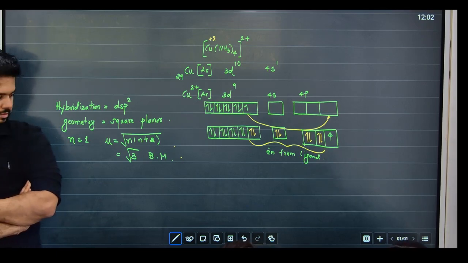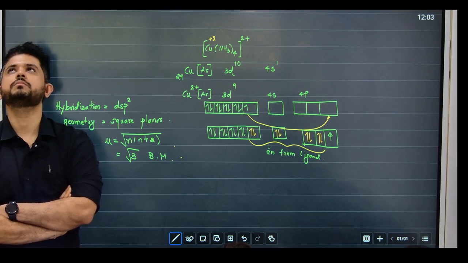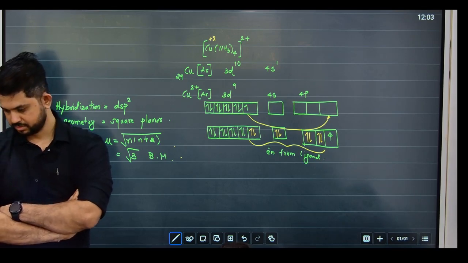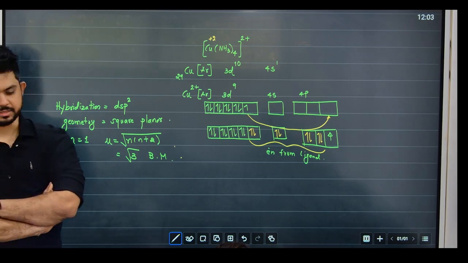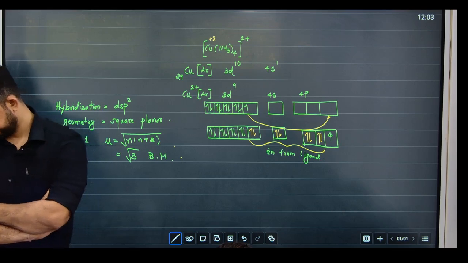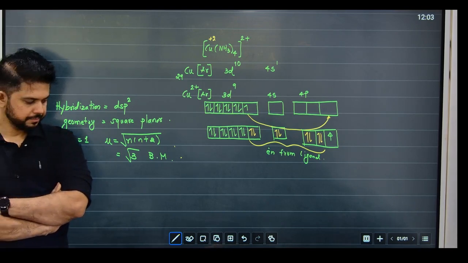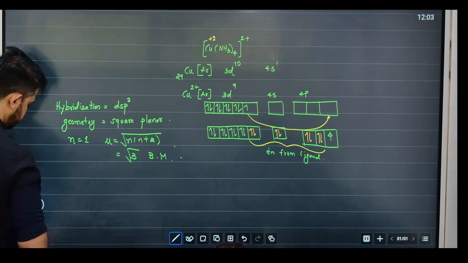However, we know that anionic ligands are at the lower end of the spectrochemical series.